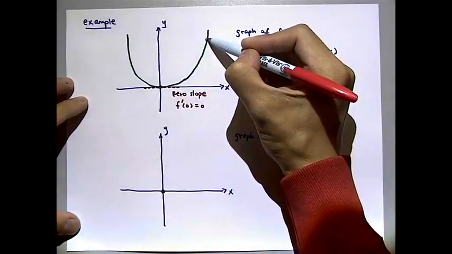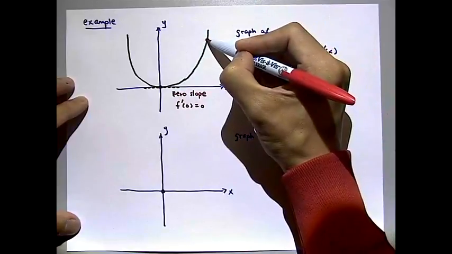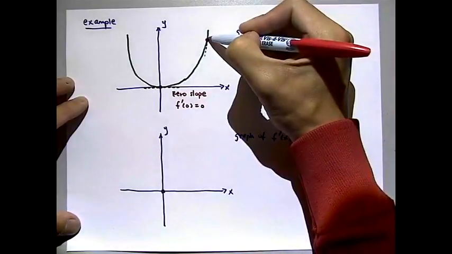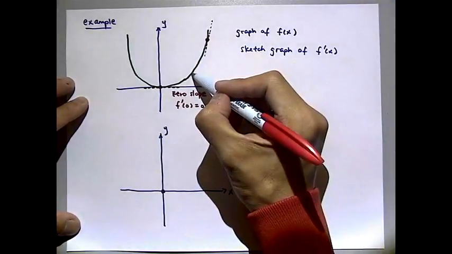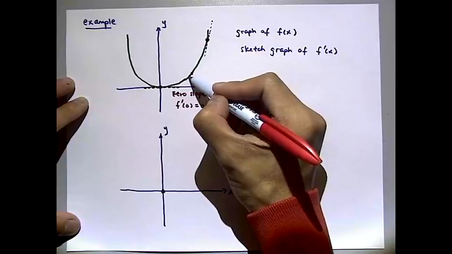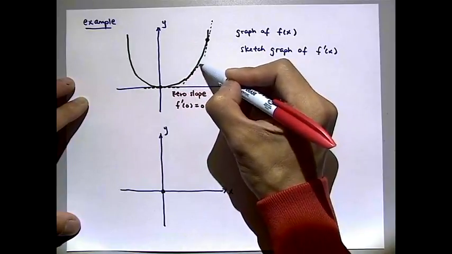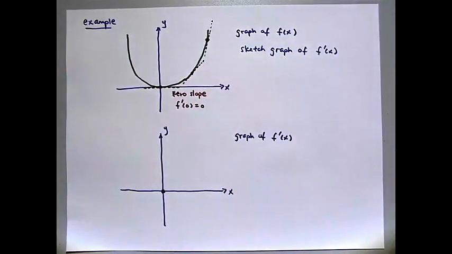Now let's go over here. Let's draw a couple different tangent lines. Way over here on the right, we have some positive slope, right? And halfway between the two, we have this right here, some other positive slope.